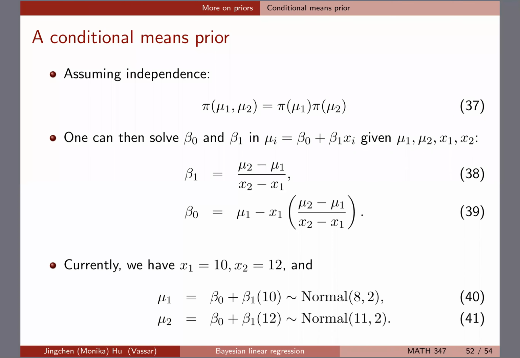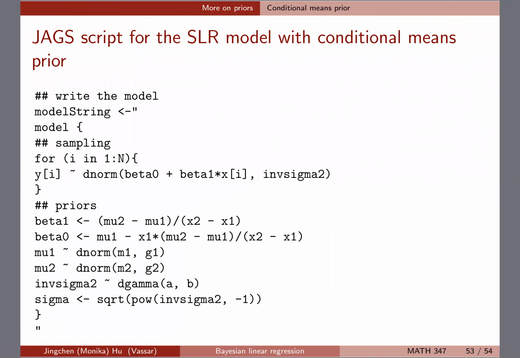So in terms of the prior for mu1 and mu2, this is what we give in equations 40 and 41. In terms of JAGS, it's pretty fun. You see that the model sampling part is still the same, right? But in the priors, as you can see, we're not giving a prior to beta 1 and beta 0 directly. We're giving a prior in terms of mu1 and mu2.